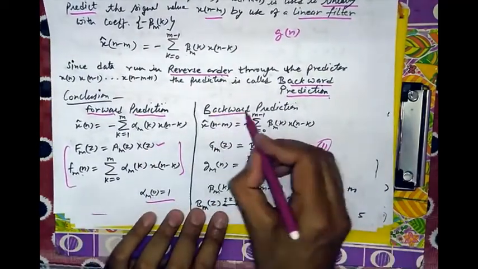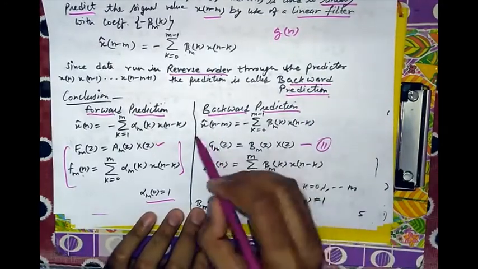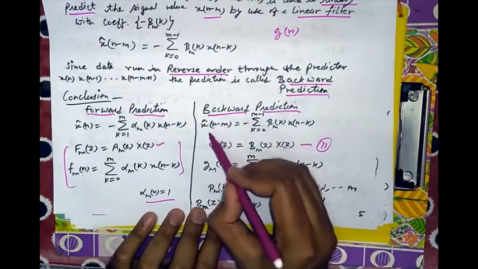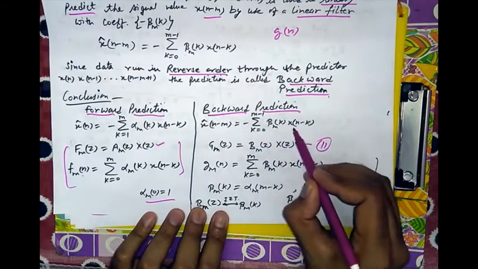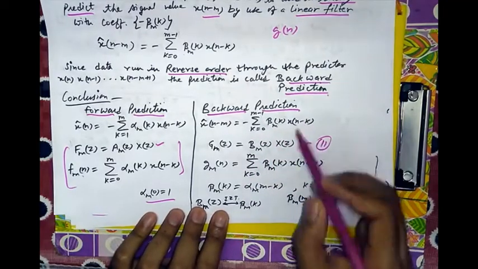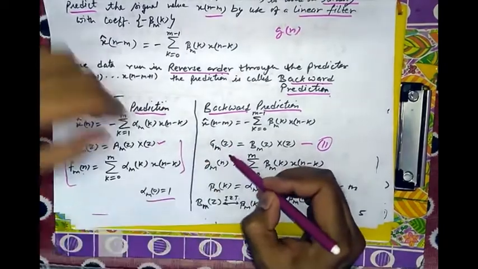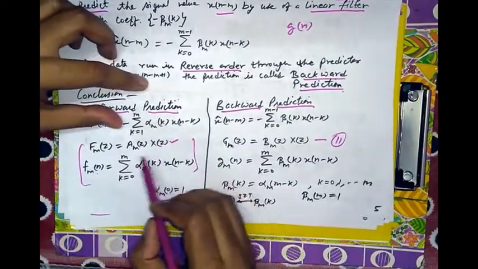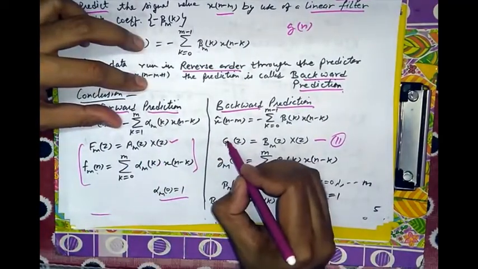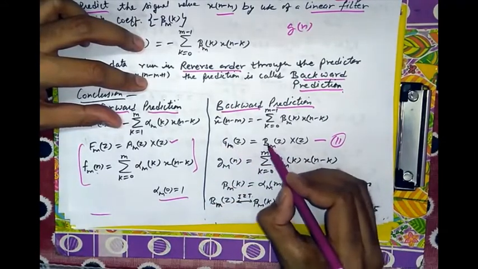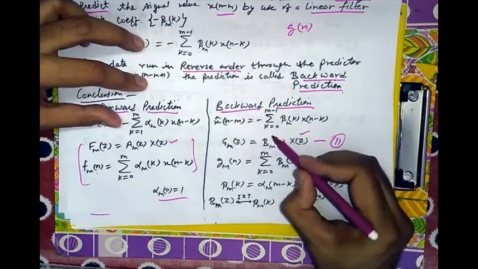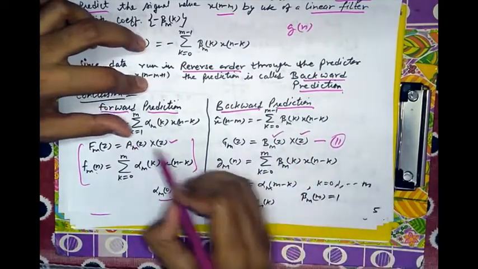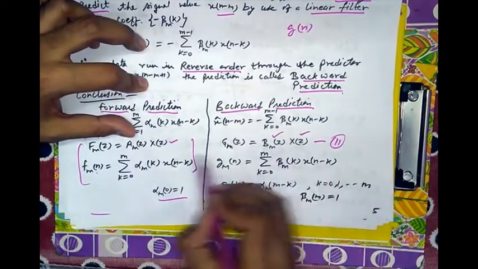And for backward prediction we will predict the last value x(n minus m), minus the sum over k equal to 0 to m minus 1 of beta m,k times x(n minus k). Similar to the forward prediction, there is a relation Gm(z) equal to Bm(z) times X(z), where X(z) is again the input, and Bm(z) is the corresponding polynomial, basically the reverse polynomial.